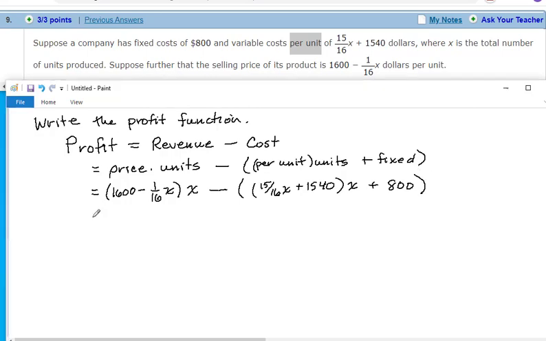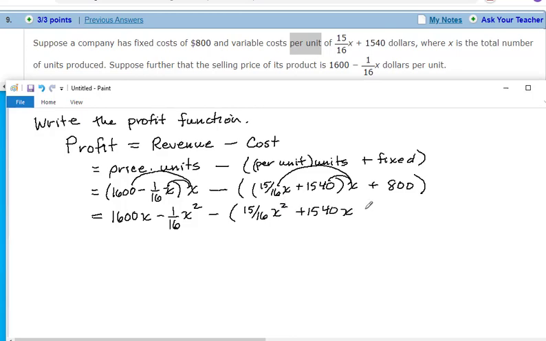Okay, let's simplify this, make it a little bit easier to work with. The x is going to distribute through. That'll be 1600x minus 1/16 x squared. Okay, over here I need to distribute this x through, so take away 15/16 x squared plus 1540x plus 800. And now this negative has to distribute through.